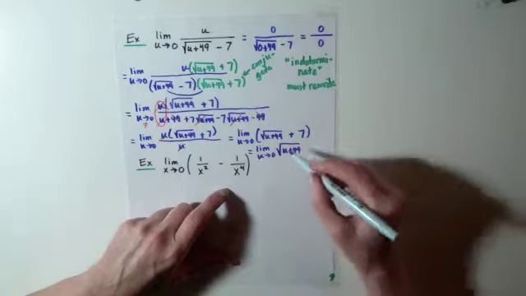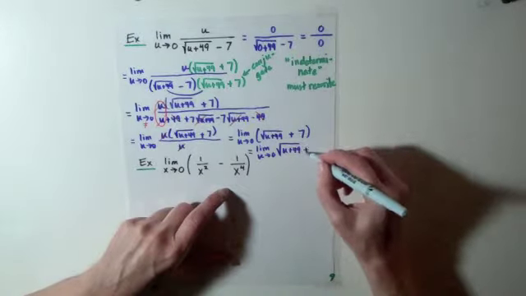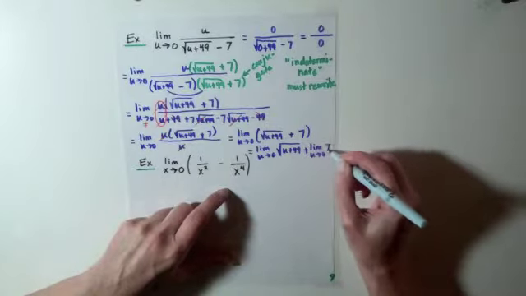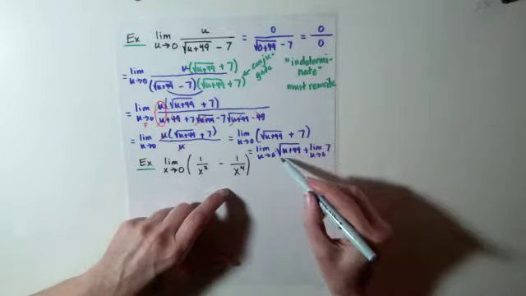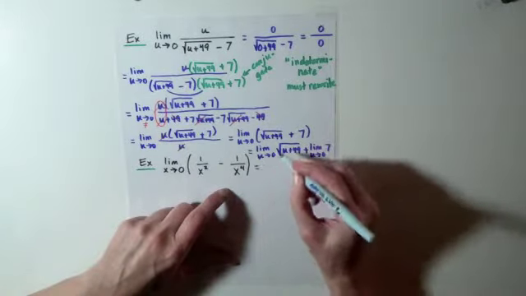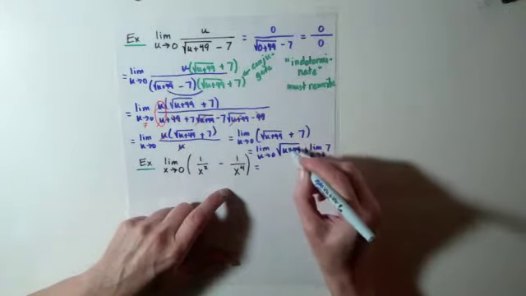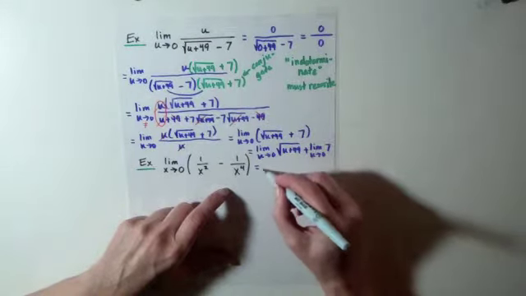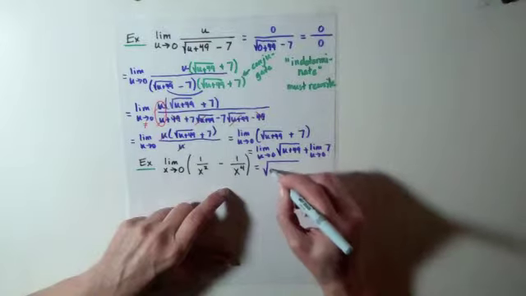So limit as u goes to 0 of square root of u plus 49 plus limit as u goes to 0 of 7. This is a square root, so I can use my root law to pull this limit sign underneath the square root. We said that the limit of the root is the same as the root of the limit.